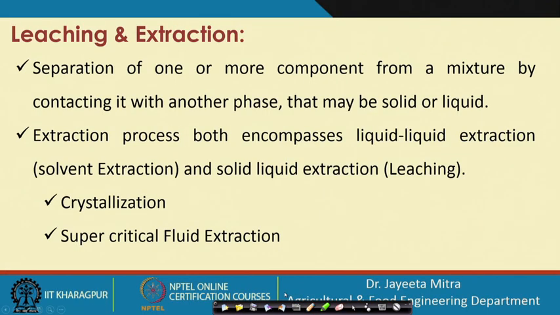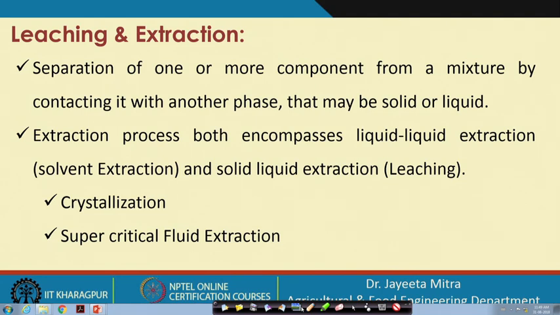So, therefore, I will try to give you an overview of the leaching and extraction process. So, let us start with what the leaching and extraction process is. As I mentioned, it is separation of one or more components from a mixture by contacting it, that is the mixture, with another phase, okay, that may be solid or liquid.